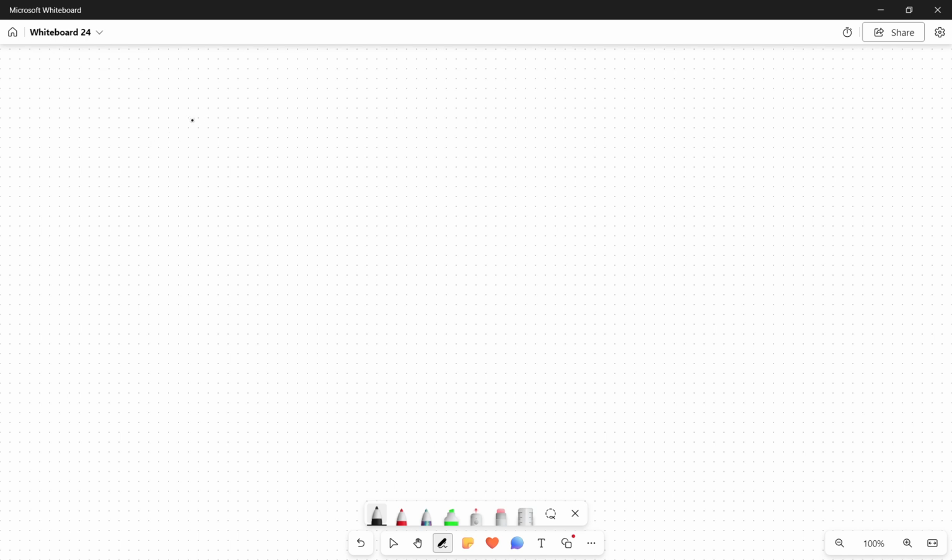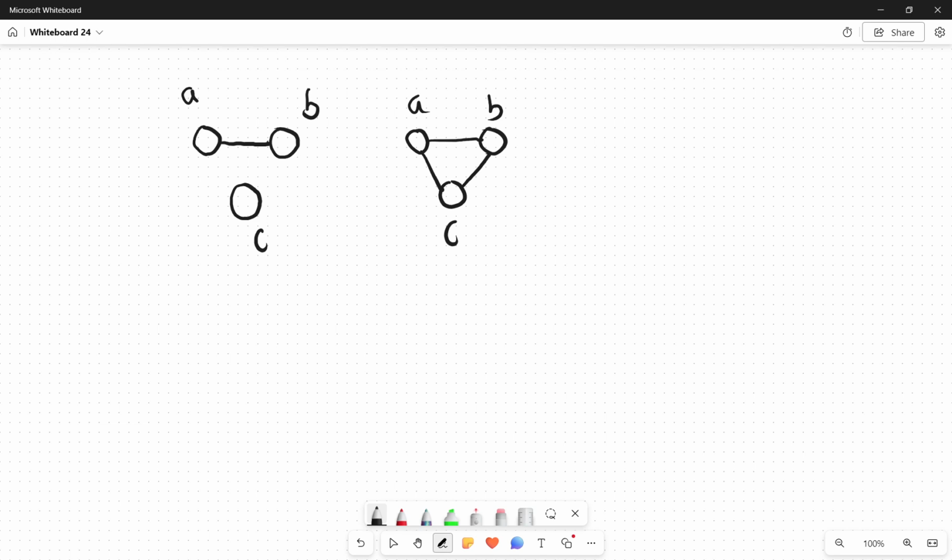So see here. If this is vertex a, this is vertex b, and this is vertex c, suppose how many states are possible. Suppose this thing a b c.